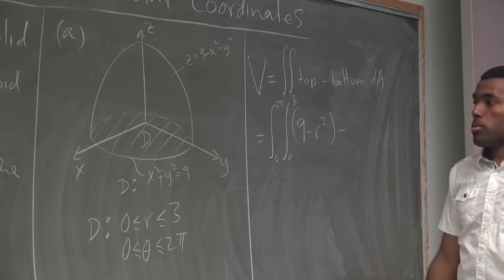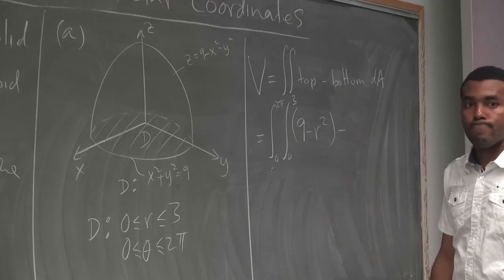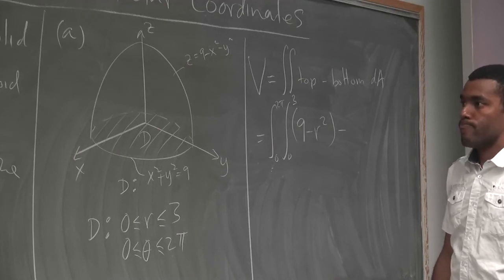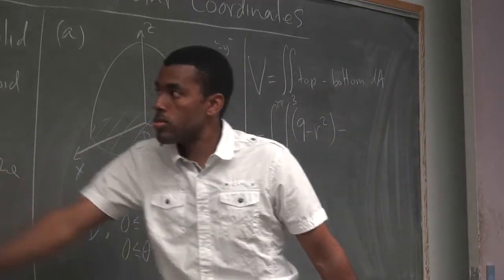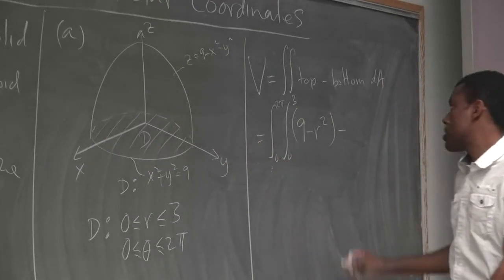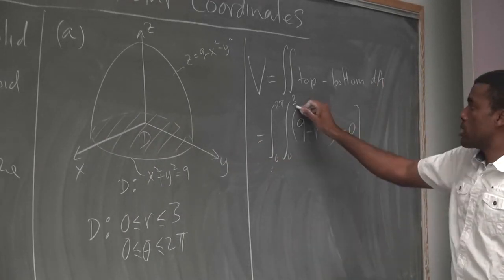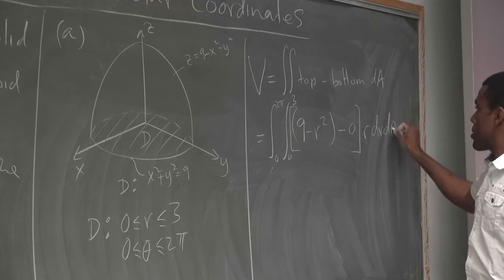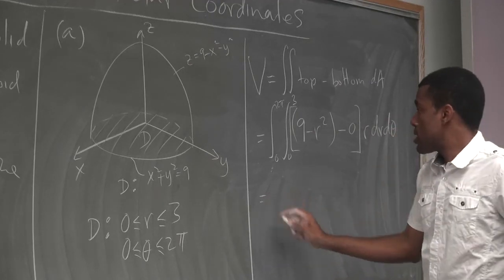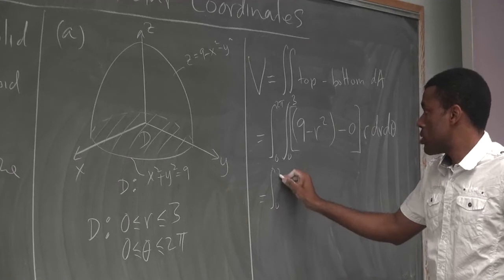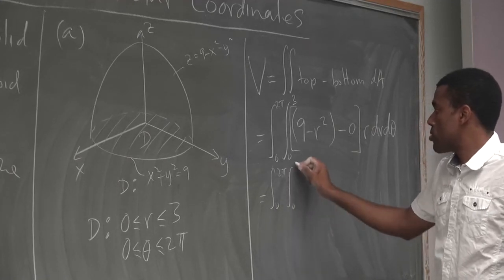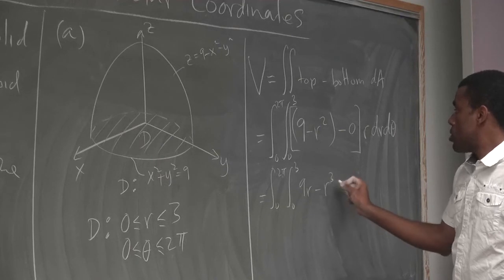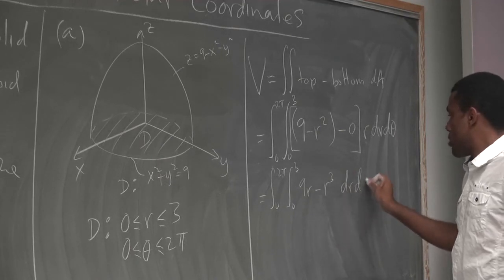Minus, what's the bottom function? Z equals 0. So it's the bottom plane, so it's just minus 0. Your dA becomes r dr d theta. So the volume is actually equal to the integral from 0 to 2 pi, 0 to 3 of 9r minus r cubed dr d theta.